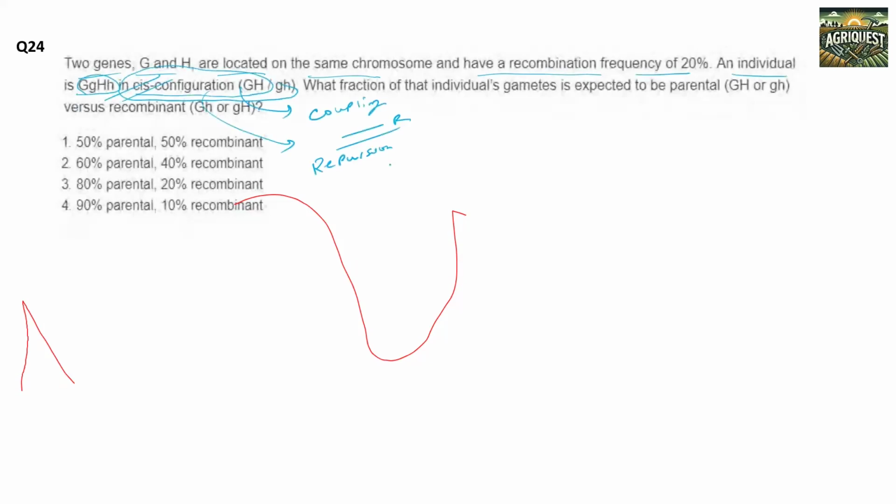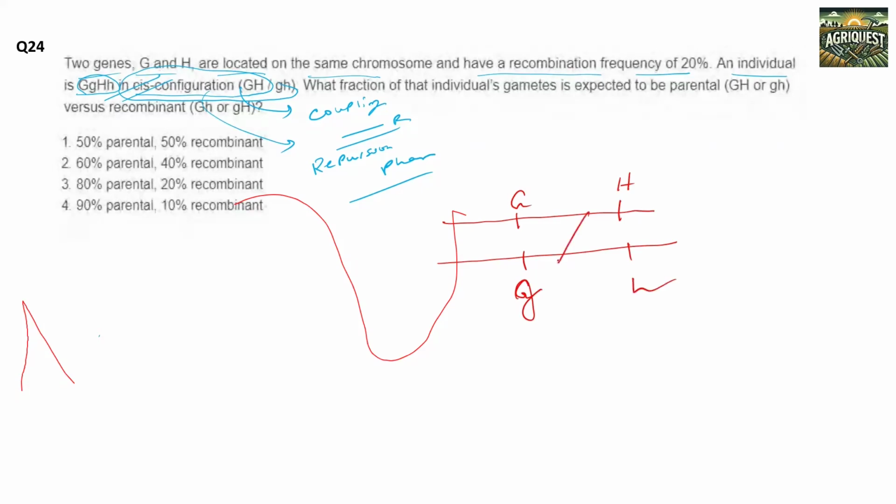In the repulsion phase, one chromosome carries capital G and capital H, and the other carries small g and small h.